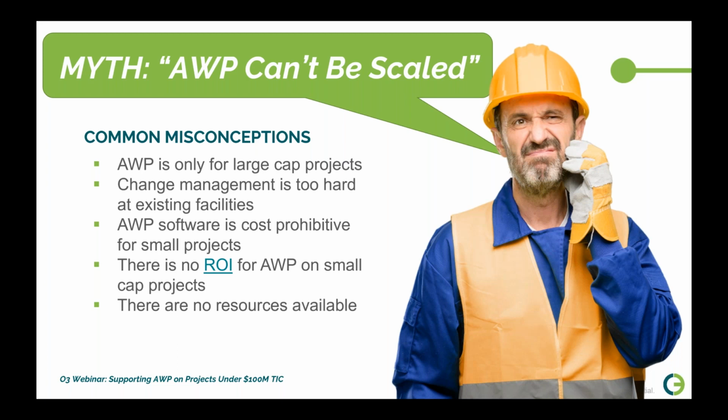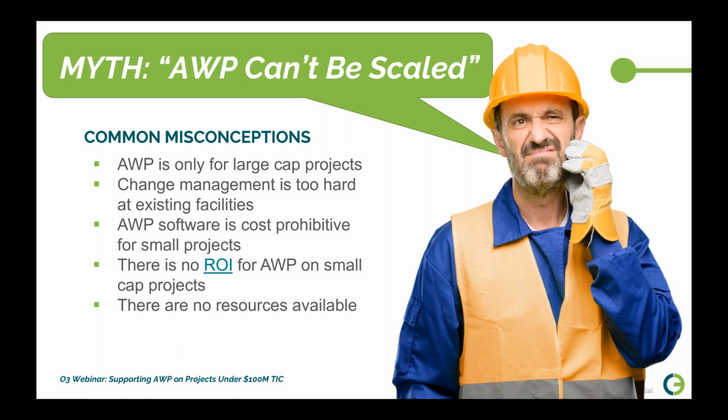Another objection to scalable AWP that we have heard is that software tools are cost-prohibitive for small cap projects. While this used to be the case, it's no longer true. With the emergence of web-based solutions that do not require expensive hardware to support thick client on-premise deployments, the total cost of ownership of AWP solutions has decreased significantly.